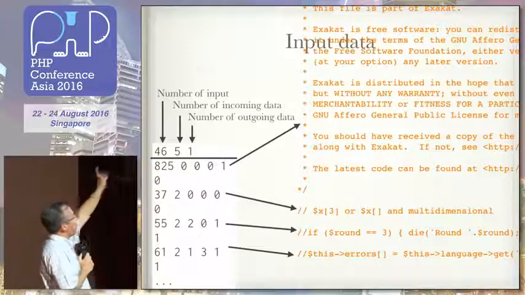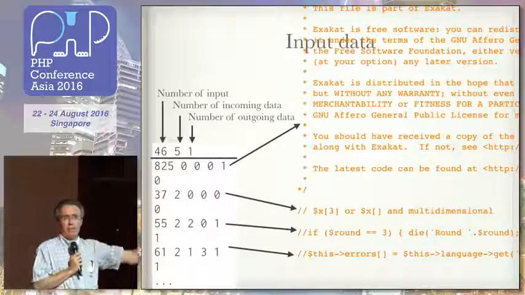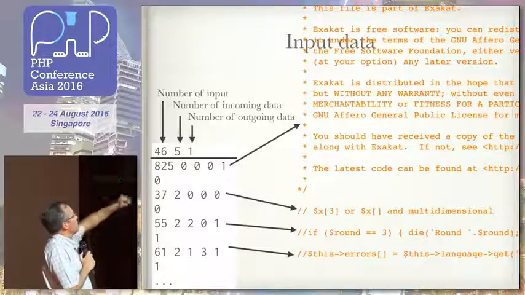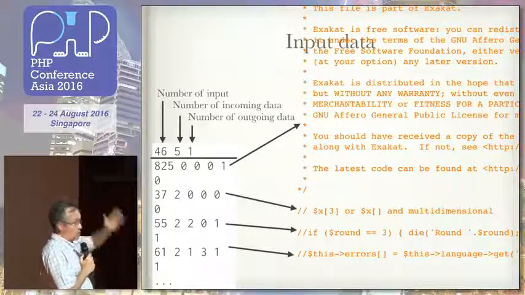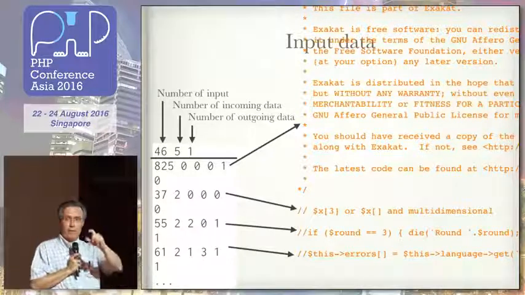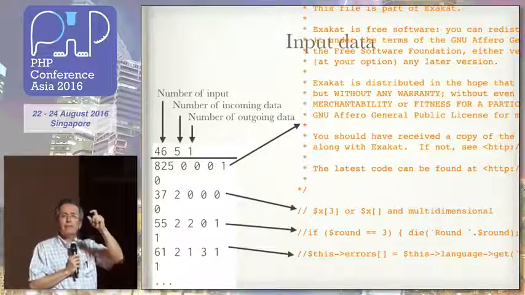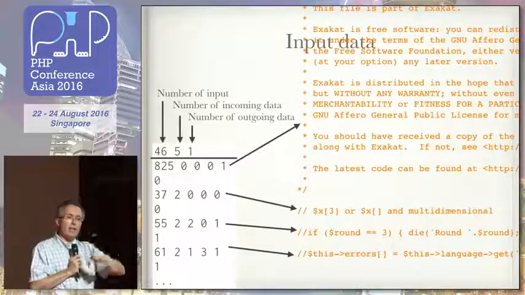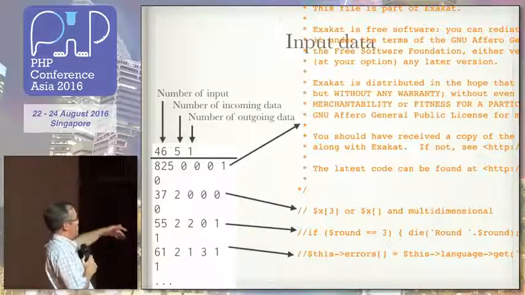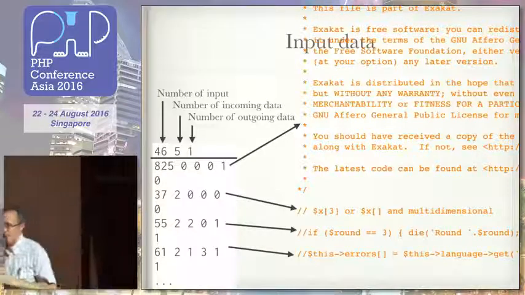There is a first line of header, very C style: the number of training sets, the number of incoming data, which are the number of columns, the number of outgoing data, which means that we have 45 sets of 2 lines. Each set is a line of 5 numbers and a line of 1 number, and that's repeated. You have an example on the side.